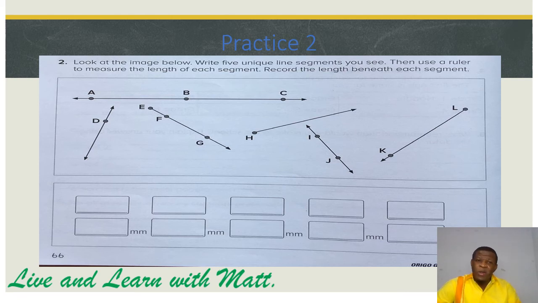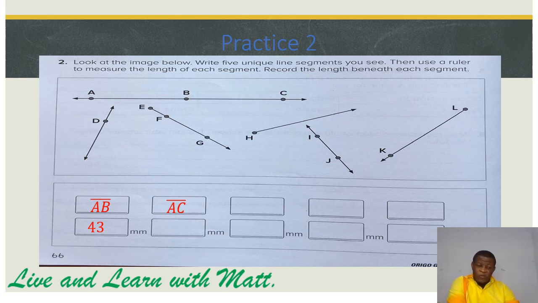Look at the image below. Write 5 unique line segments you see. Then use a ruler to measure the length of each segment. Record the length beneath each segment. So let's take a look at line AB. And what is the measurement for line AB? 43 millimeters. Next, line AC. So what is the length?